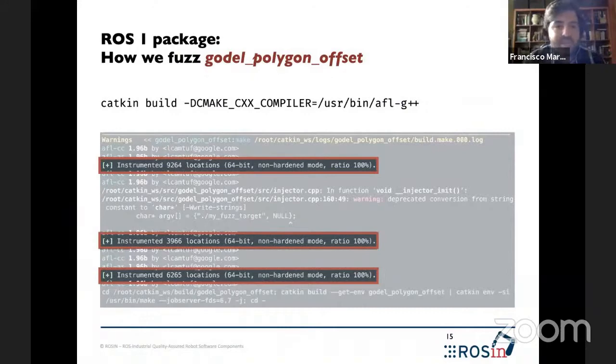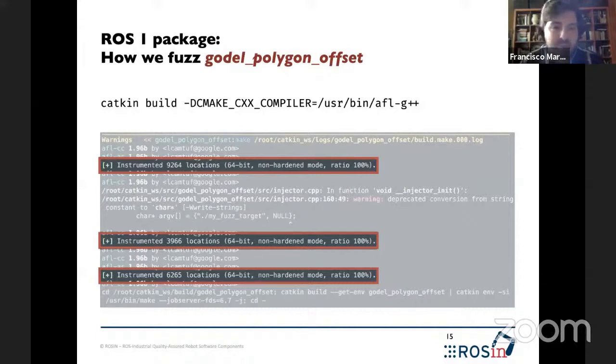Well, the first step is building the code. And for that, we have to specify with a concrete flag that we want to change the compiler with which all the code is compiled. But don't worry, here we are not using any exotic compiler. In fact, as you can see here, we use AFL's compiler, which is just a wrapper around the regular GCC compiler.